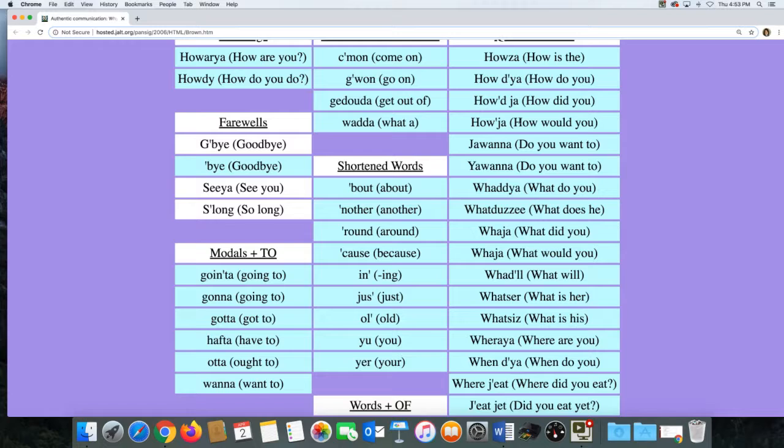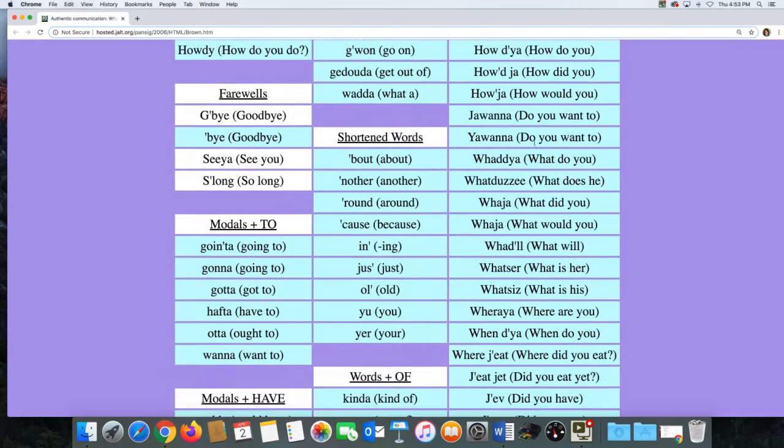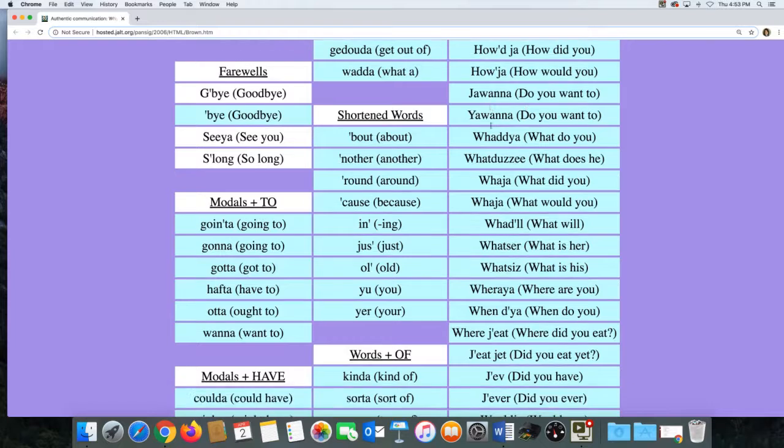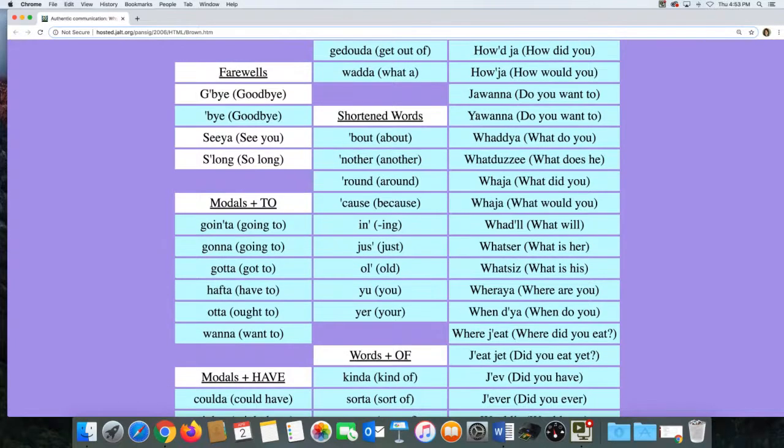How would ya. Now that one's a little bit harder. Do you want to becomes do you wanna. And I think it's kind of a J sound, but it's more D, do ya, do you wanna go to the movies. Do you want to becomes you wanna as well. So either of these is acceptable. And kind of the D sound gets dropped a little bit.